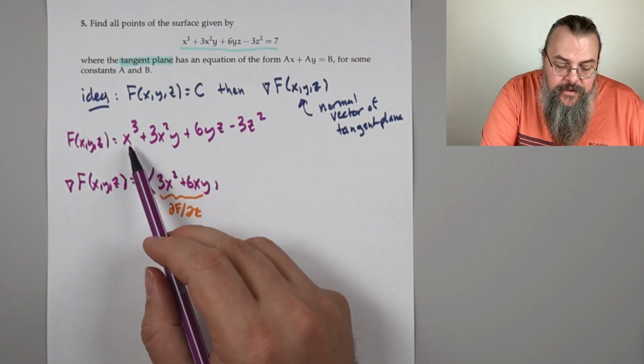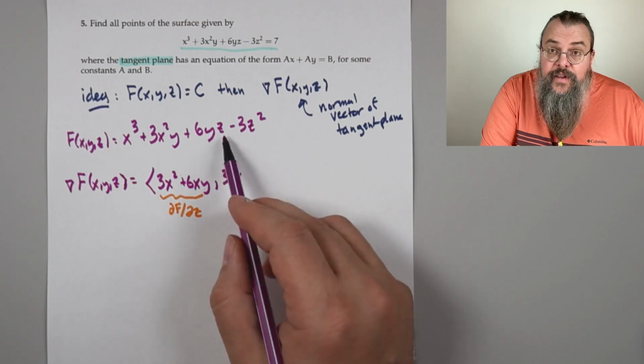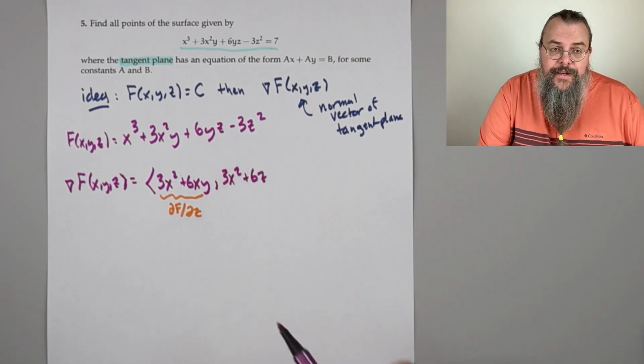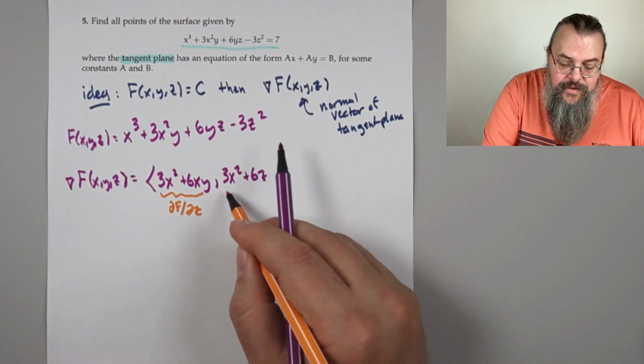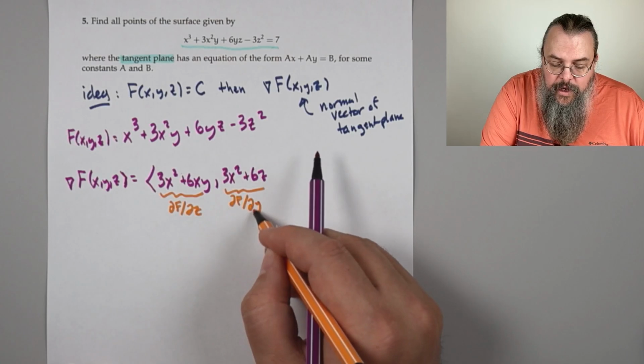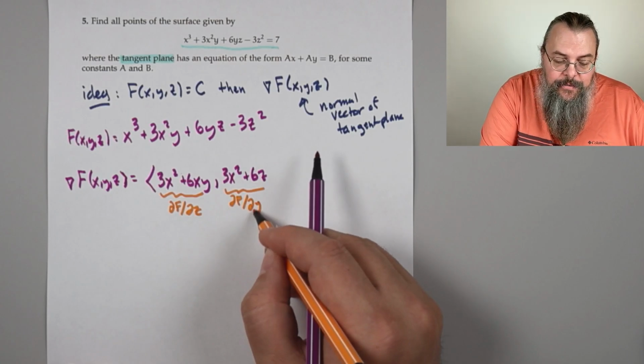Go to the next thing. Derivative with respect to y. No y. 3x squared, 6z, and there's no y. Okay, good. So this is partial f, partial y. Last part. Okay. Derivative with respect to z.